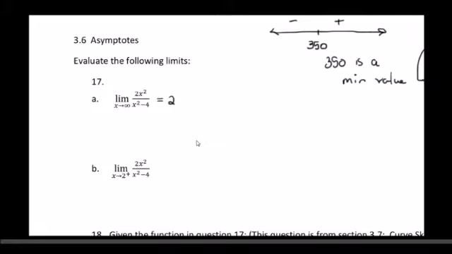Now there's another way we could approach this. We could, and this is something you would have practiced in 1050, divide 2x squared by x squared minus 4.